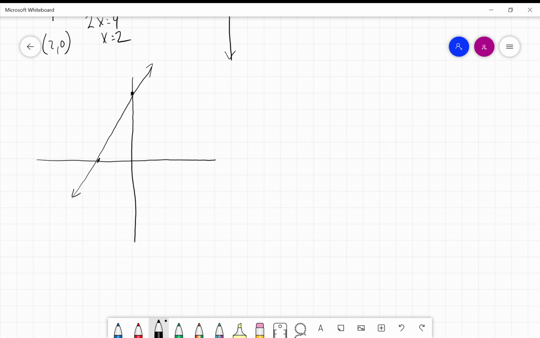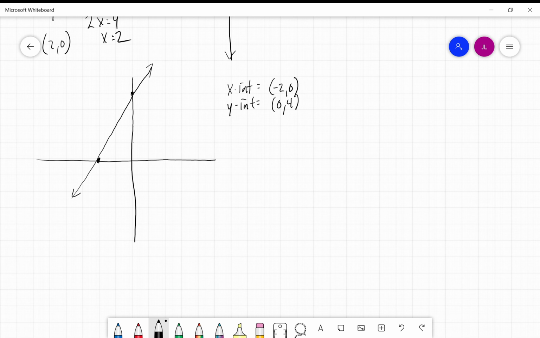Well, this line crosses where x is -2 and y is 0. So for our x-intercept, we're going to have (-2, 0). And for our y-intercept, 1, 2, 3, 4 positive on the y, 0 on the x, so (0, 4). So not only can we graph a line using the intercepts, but we can also figure out the intercepts from a line when we see it on a graph.